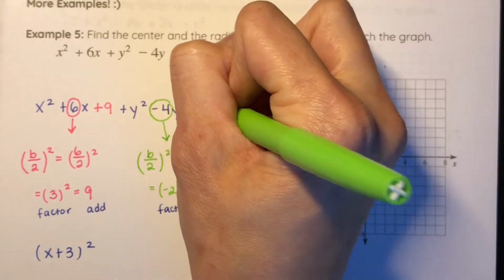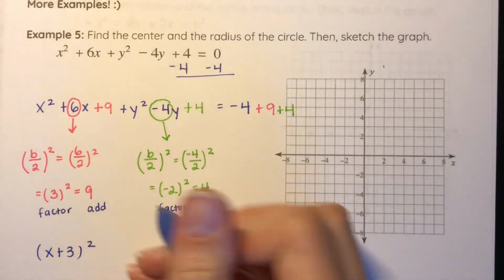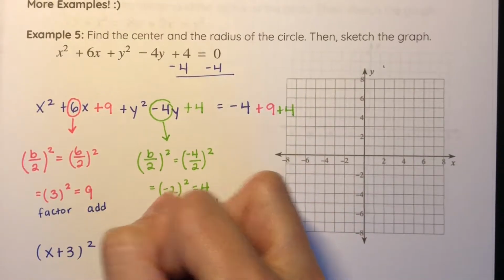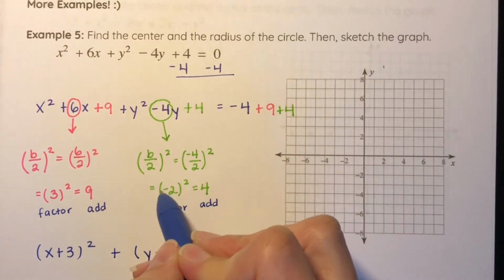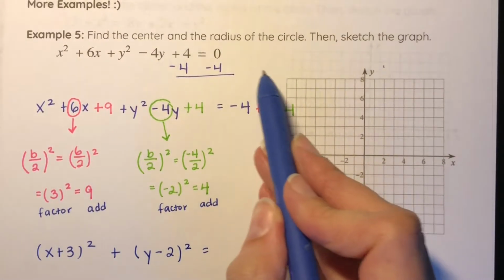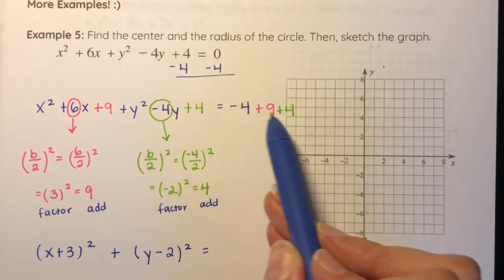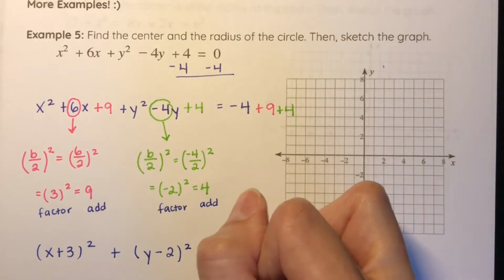So I add 4 here, add 4 here, and now I can write my y trinomial as a perfect square. So it's y minus 2 squared, and then I can add all of these together to get the right-hand side. So -4 plus 9 plus 4 is going to equal 9.